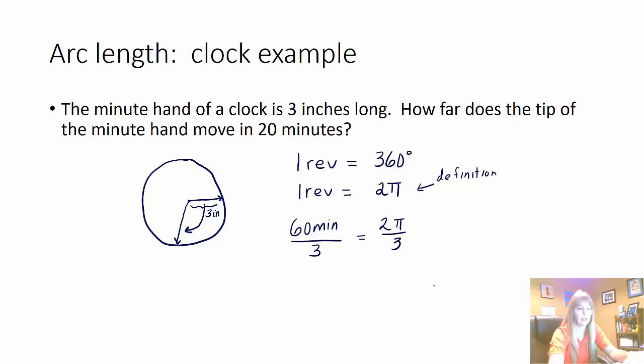You do something to one side, you have to do it to the other side. This gives me my 20 clock minutes that it moved. If I put this in a calculator, I get 2.094 radians.